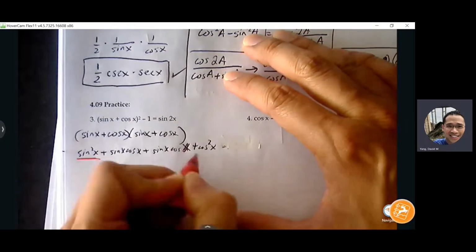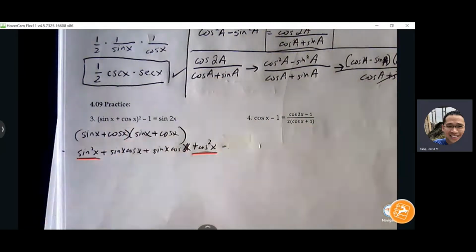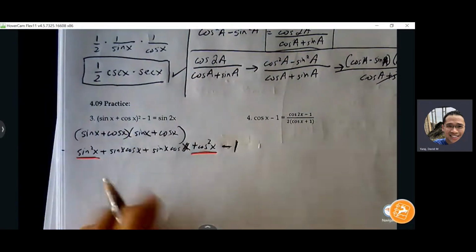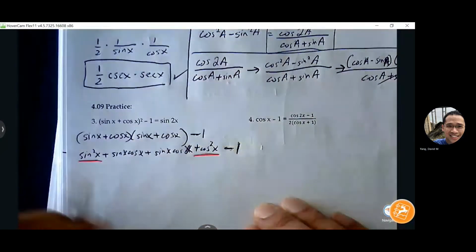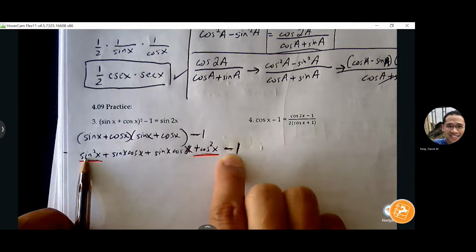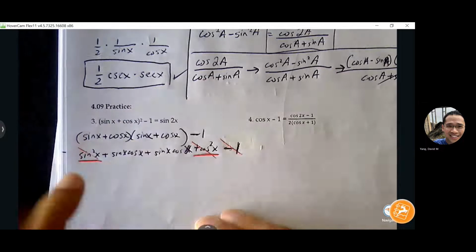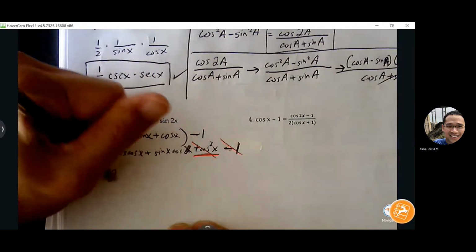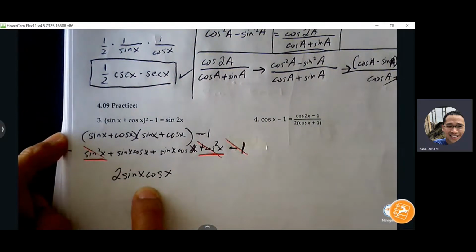Yep, that becomes 1. Oh, sorry, there's a -1 here, right? So that's also part of what I need to clean up. Okay, so I forgot to include that -1 there. So that's 1, right? So 1 minus 1 is just 0. So we know all that goes away. And the two middle terms combine to be what? And is that an identity?